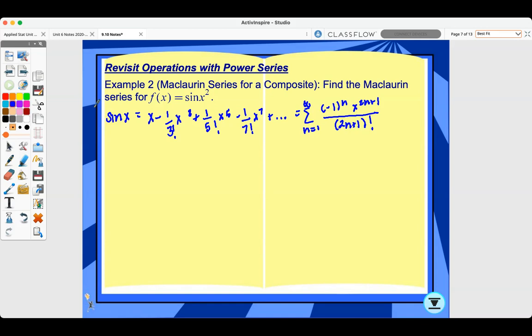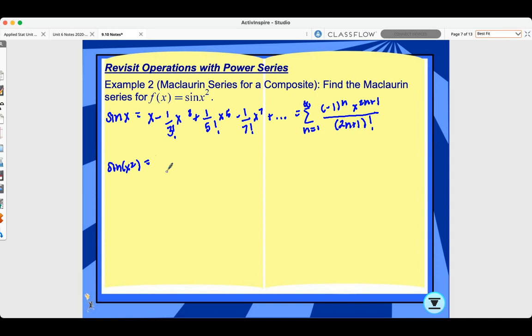Now what we're going to do is plug in x squared for x for the composition, because this is for f of x equals sine of x squared. So with our first step, we're going to have x squared minus x squared to the 3rd over 3 factorial, plus x squared to the 5th over 5 factorial, minus x squared to the 7th over 7 factorial, plus dot dot dot.